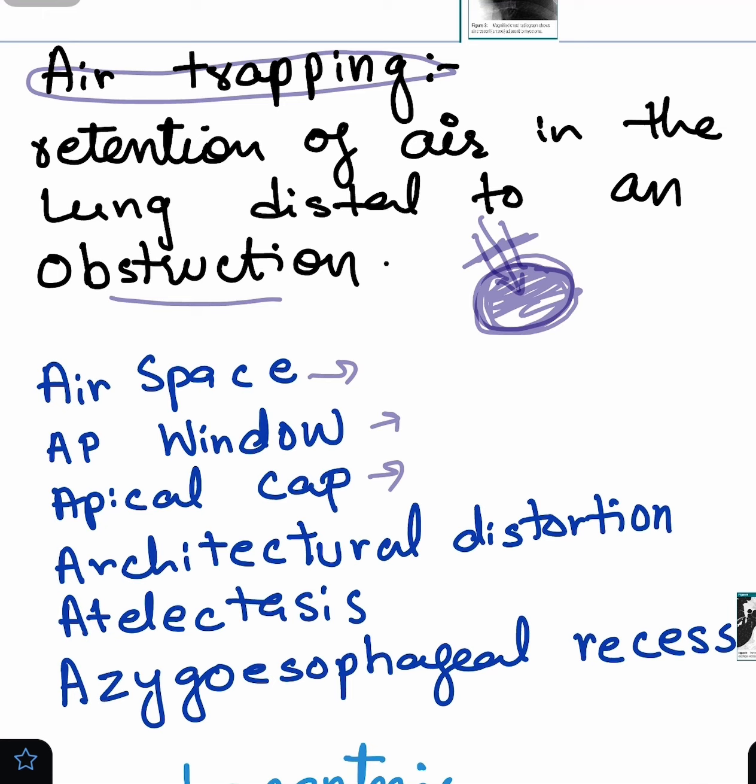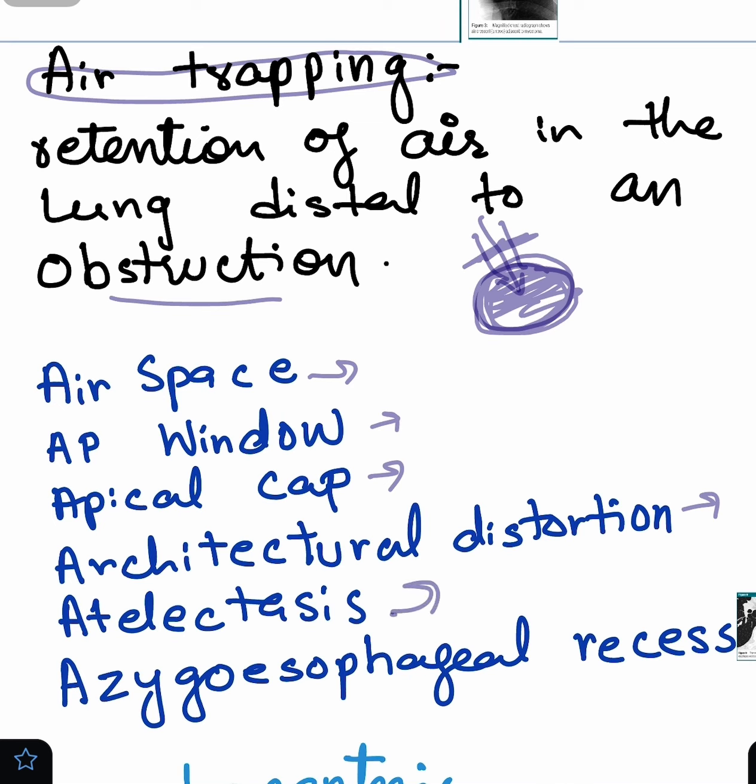Apical cap, as the name indicates, is at the apex of the lung, which is usually caused by intrapulmonary or pleural fibrosis, pulling down extrapleural fat. Architectural distortion is a terminology described as abnormal displacement of bronchi, vessels, fissures, or septa caused by diffuse or localized lung disease, particularly interstitial fibrosis.